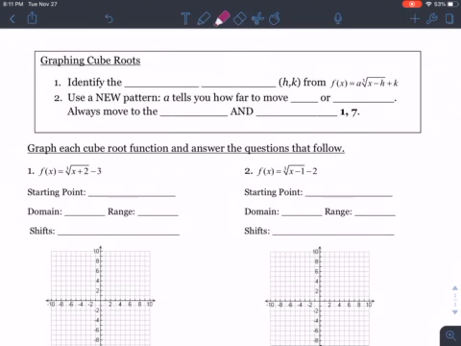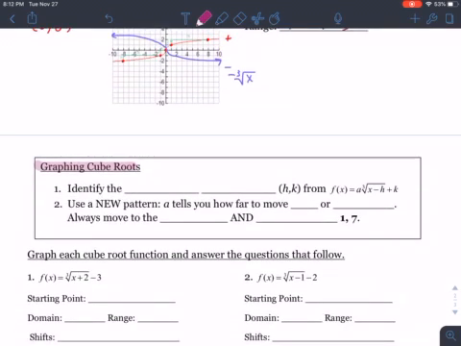Graphing cube roots. First of all, we need to identify that starting point again. Always identify our starting point, meaning our h, k from our f of x equals a times cube root of x minus h plus k.